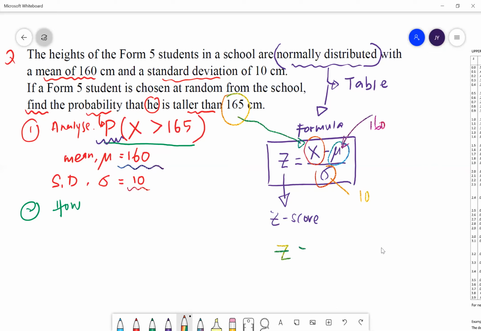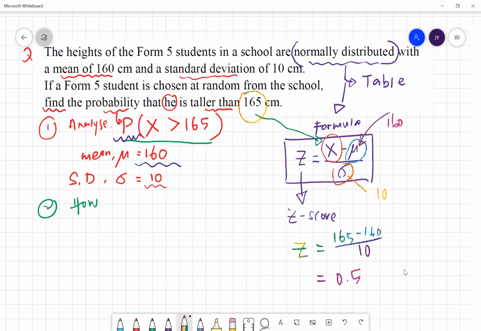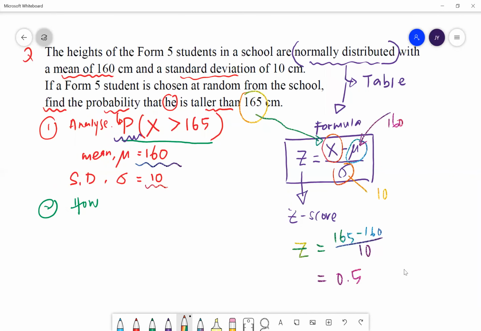Z equals 165 minus 160 over 10. The answer will be 0.5. Use a calculator. This is the Z score. So I will translate. Okay, now I have translated. P(X greater than 165) is equal to P(Z greater than 0.5).